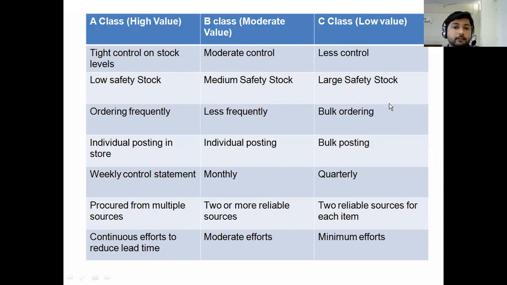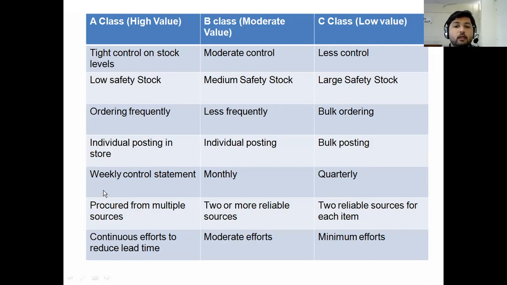So bulk ordering. Now for A class items, an individual position is provided in the storekeeper's record. For B class items also there is an individual position in the storeroom. But for C class items, there is a bulk position, meaning that in one bucket or one sleeve, all the items are placed.